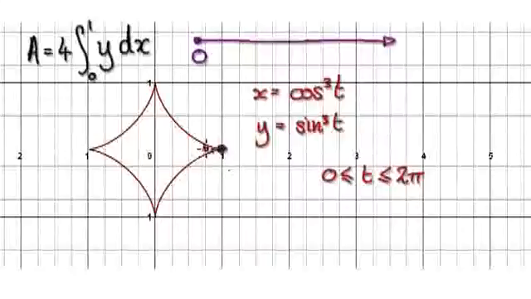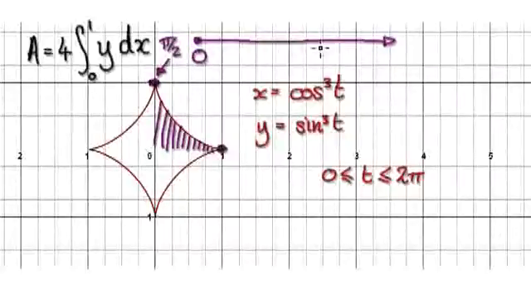We are going to need to sum up all the strips from time 0 to the time it takes to get to here. The time it takes to get to here is pi over 2.